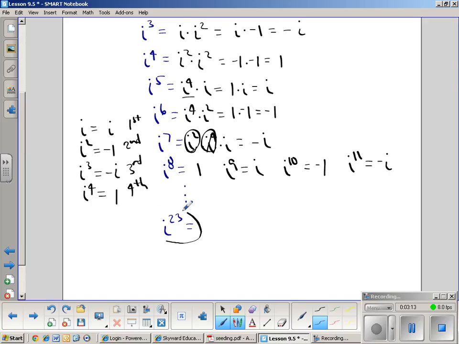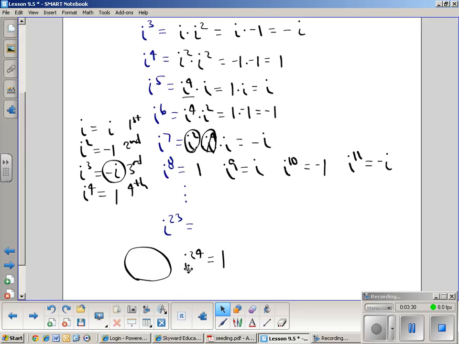He thought through this perfectly. He's saying i to the 24th would be 1. So this is the one before that. The third term, he just remembered the third term wrong. It's going to be negative i.